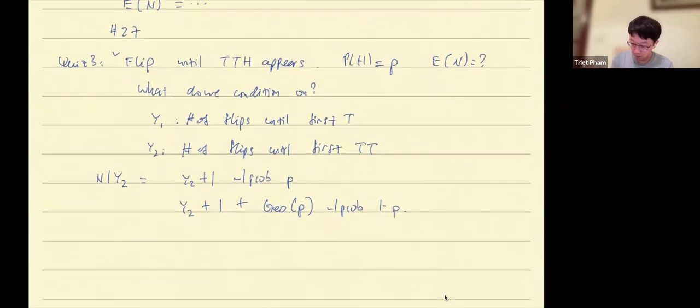And so if you do expectation of n given Y2, that will be Y2 plus 1 with probability p, and Y2 plus 1 plus 1 over p with probability 1 minus p.